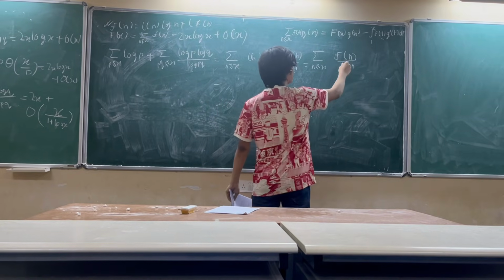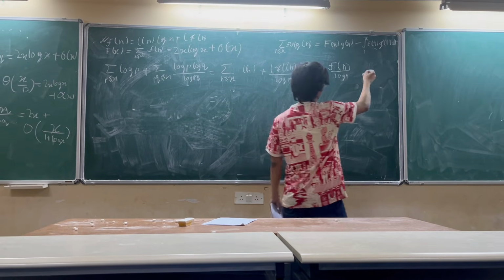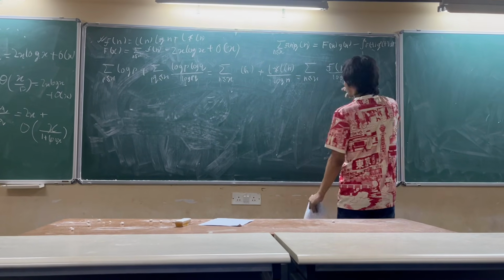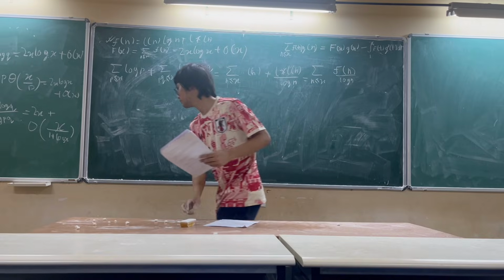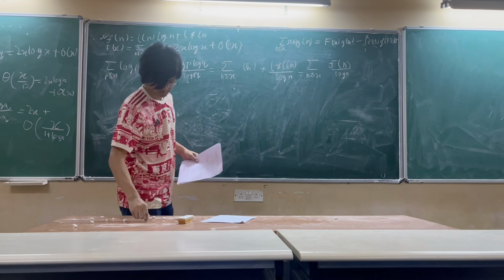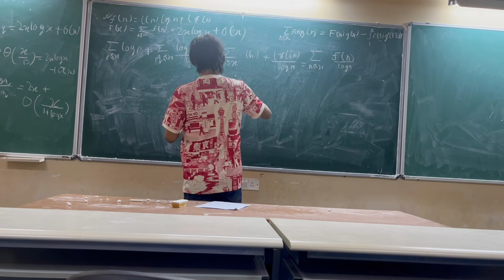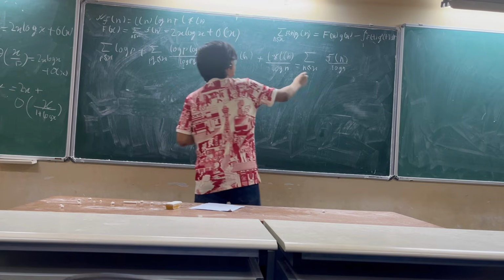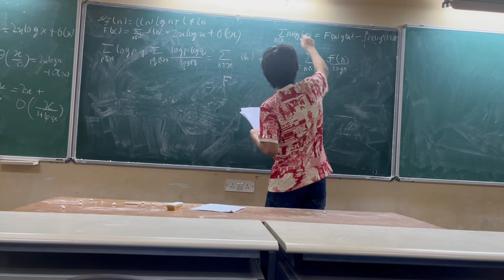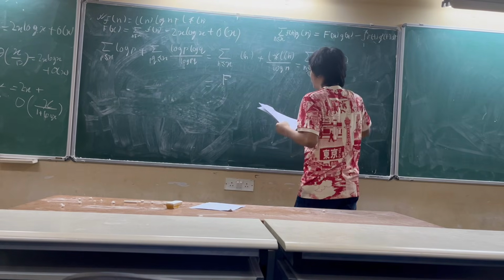So here we take g as 1 by log n. Clearly this is continuously differentiable. We can use this partial summation formula in our case to resolve our problem. Using the partial summation formula, f is treated the same as the f here, and g of n is in fact 1 by log n.